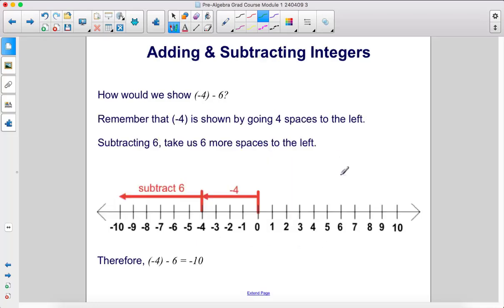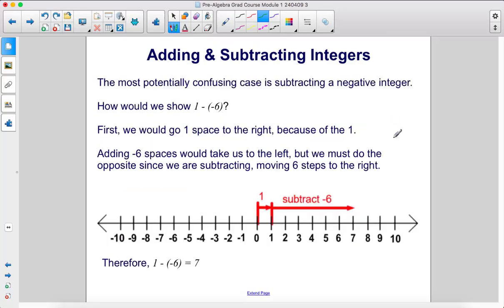How would we show negative 4 minus 6? Remember that negative 4 is shown by starting at 0, moving 4 spaces to the left, then minus 6, we're going to move 6 more units to the left, ending up at negative 10. The most potentially confusing case is subtracting a negative integer. How would we show 1 minus negative 6?